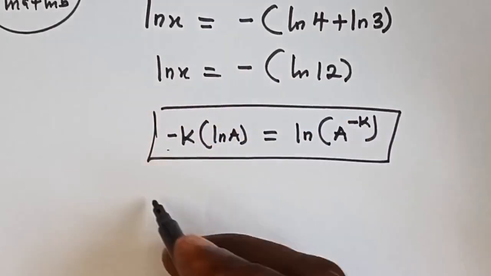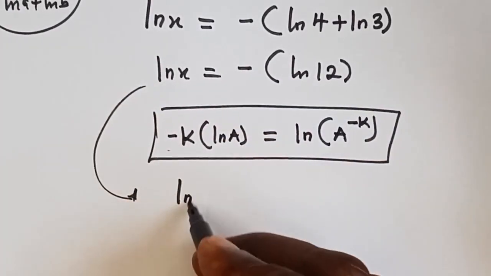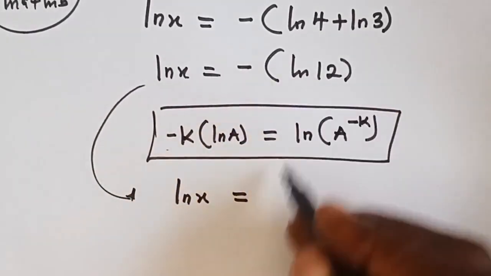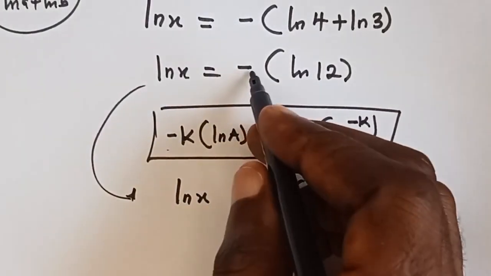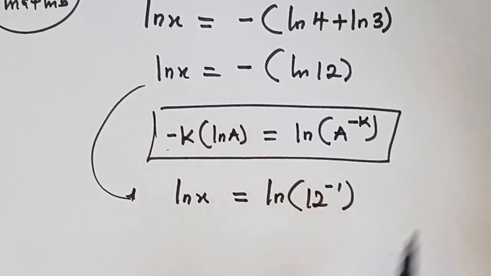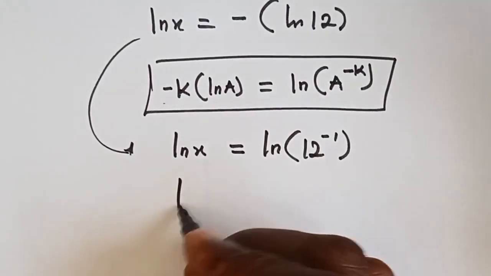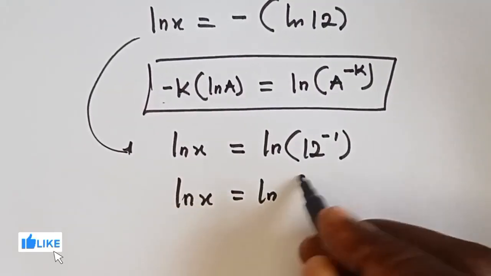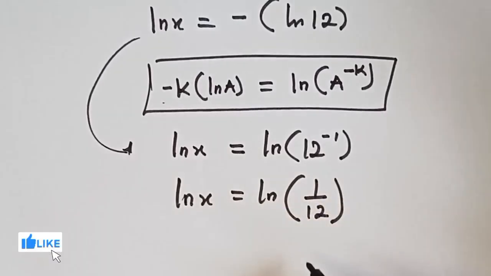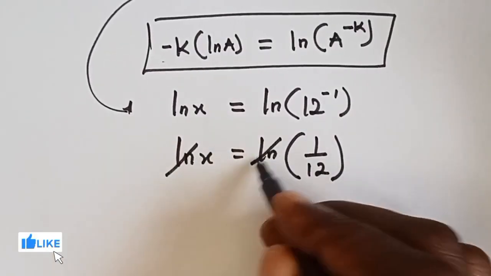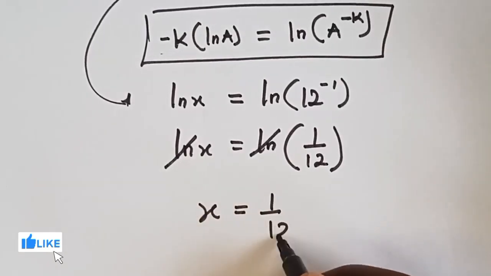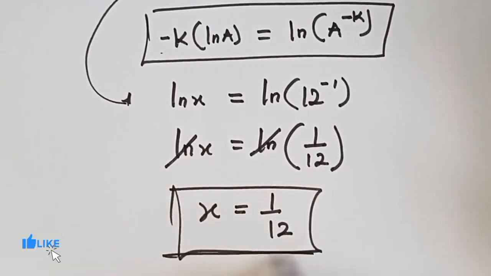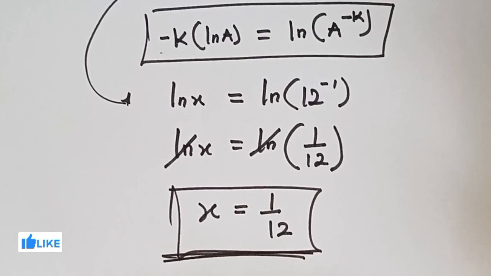That's what we are doing here. So now we have ln x equals ln 12 raised to power minus 1. What is 12 raised to power minus 1? So we have ln x equals ln of 1 over 12. From here, the ln can cancel the ln. We have x equals 1 over 12, which is the final answer. Okay, our answer is x equals 1 over 12.